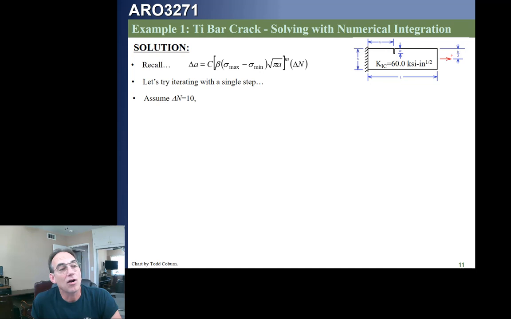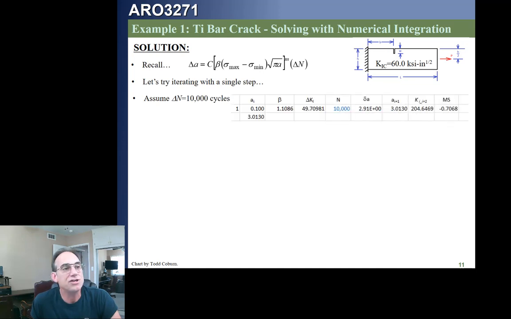Now, if we use a numerical solution of the same thing, we could use this equation with various estimates. Let's say we try to solve this in a single step. We would use this equation for delta A and keep plugging in. We take our beta initial and our change in stress with our coefficients and our initial crack size, and keep changing our N until we get a negative or a zero margin of safety, and that would be our estimate.